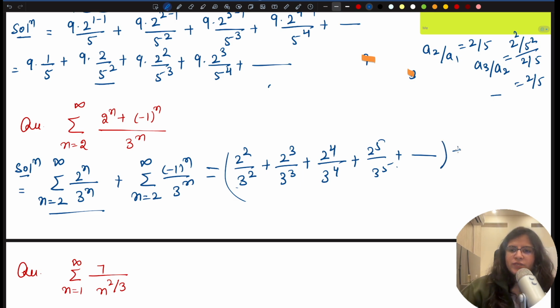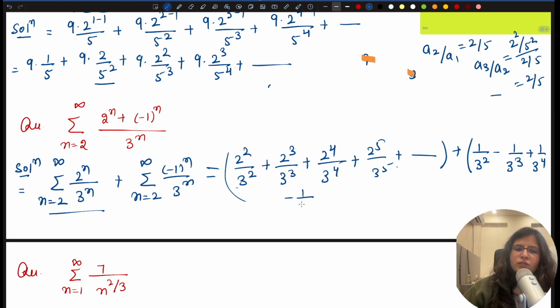And the second expression is minus 1 by 3. If I put n equal to 2 first, since the series starts from 2, it will be 1 by 3 square minus 1 by 3 cube plus 1 by 3 to the power 4 minus 1 by 3 to the power 5 plus 1 by 3 to the power 6, and so on.